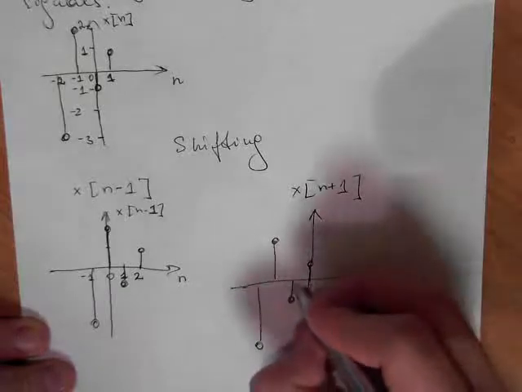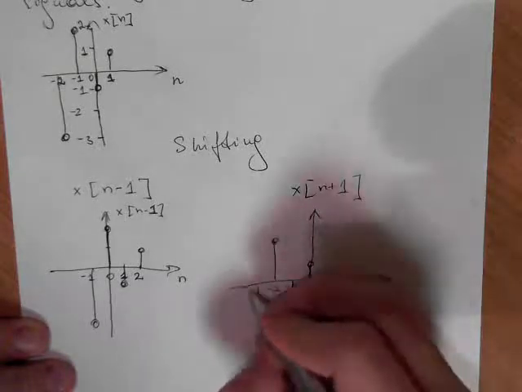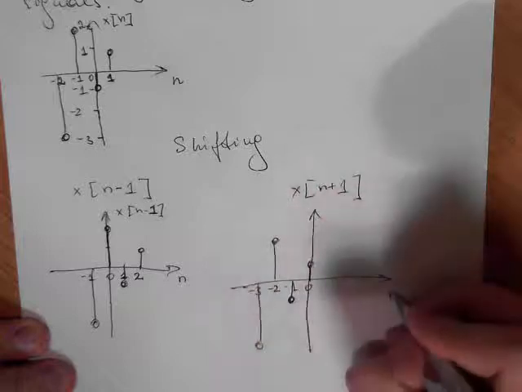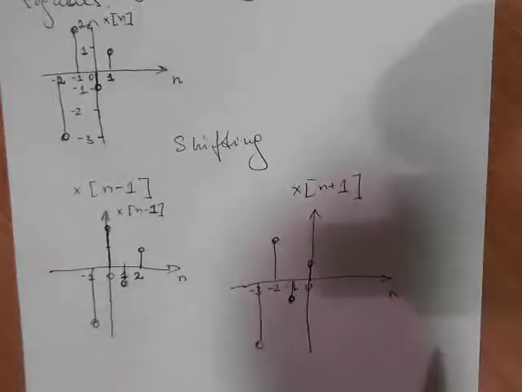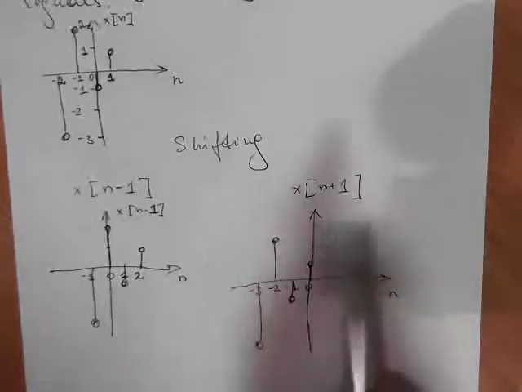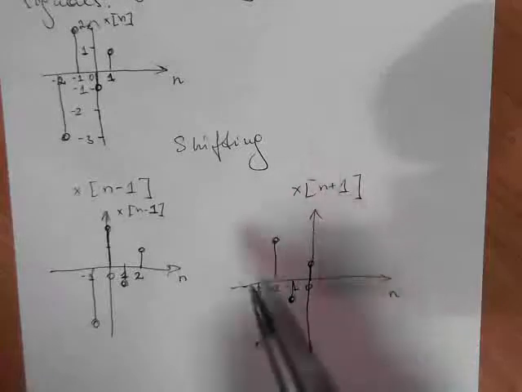So 0, -1, -2, -3. This is shifted to the left. When it says +1, it goes to the left.